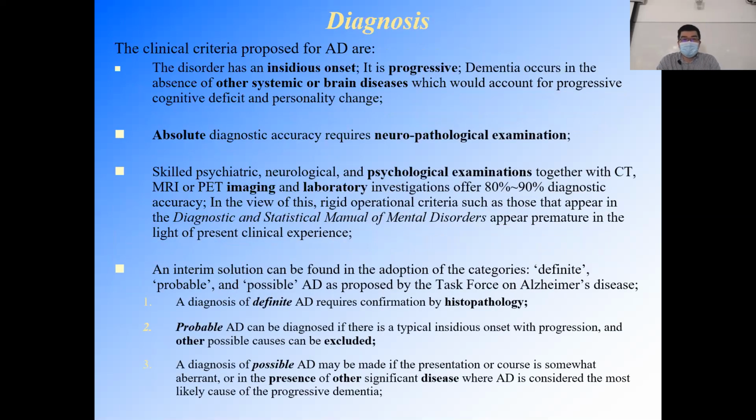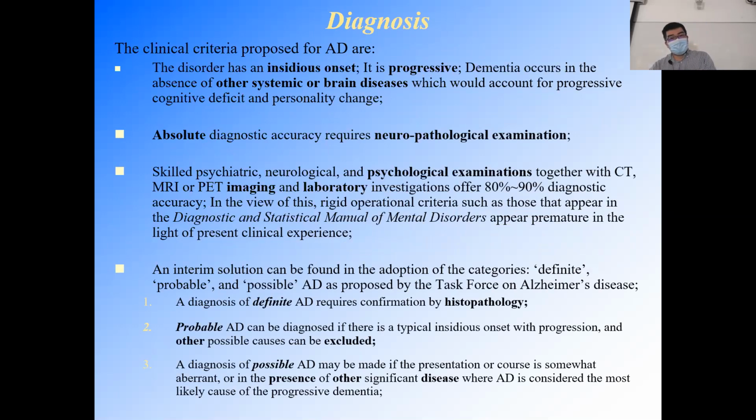So the clinical criteria proposed for AD are, first of all, an insidious onset, so it's not very clear cut. It's not like you have a cold and then boom, you have a sore throat and so on. It's progressive and slow at the beginning.